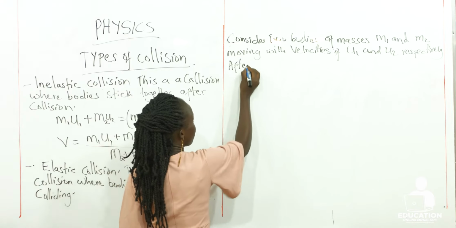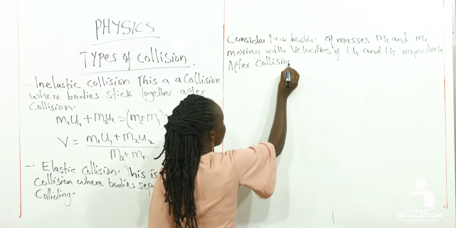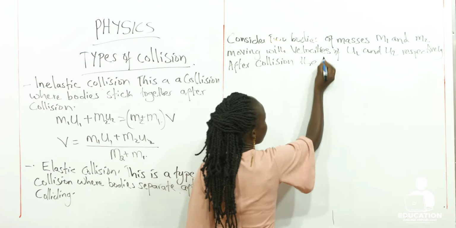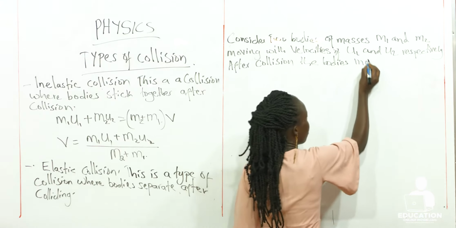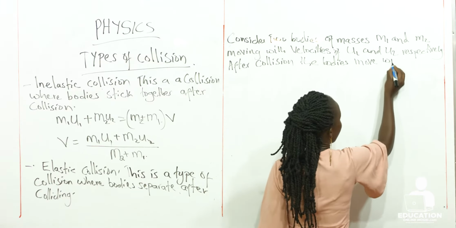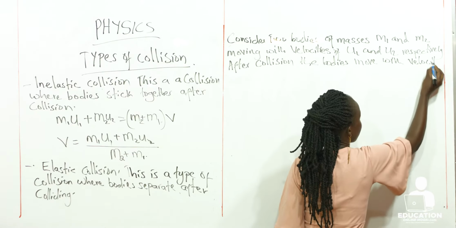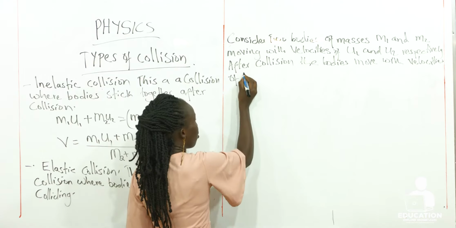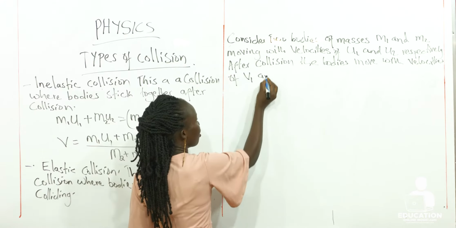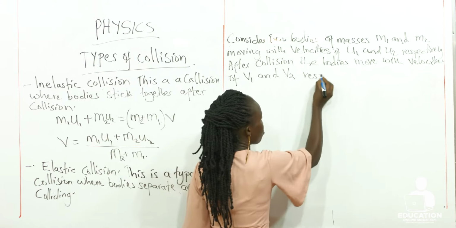After collision, the bodies move with velocities v1 and v2 respectively.